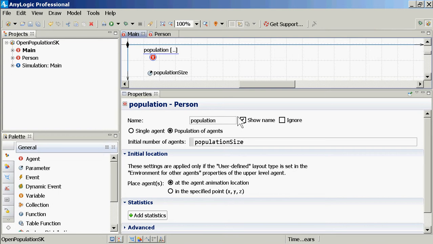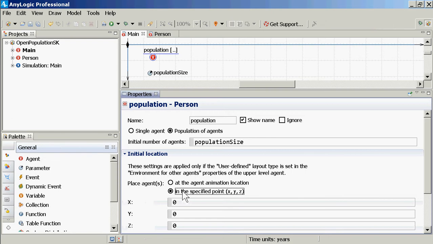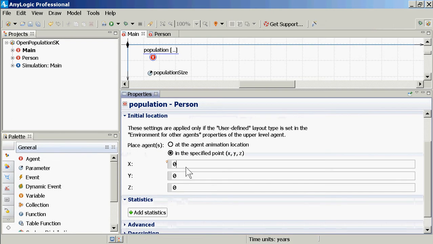So we're going to choose that in the specified point, and we're going to actually give values to use for their X and Y locations. Okay, we're going to tell what formula by which to create their X and Y locations. This is very useful, ladies and gentlemen, if you want to set their X and Y locations, say based on their characteristics.